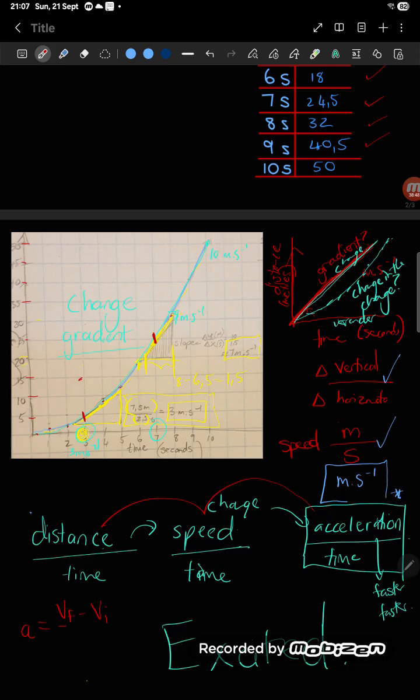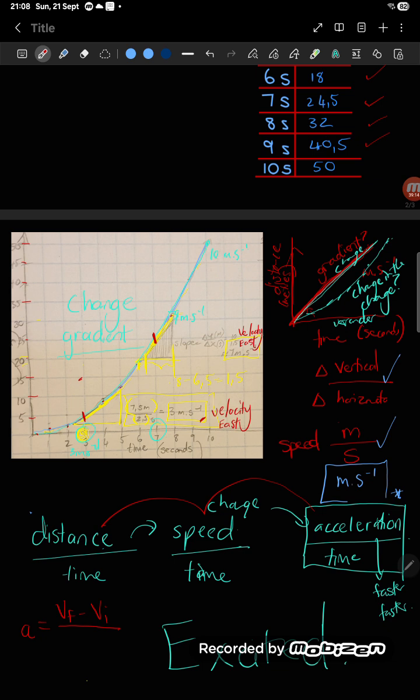But this is acceleration. This isn't even speed. But what was this number here? This was the speed. And the speed with direction is velocity. So this was the velocity east. And it was going east. And this was the velocity.